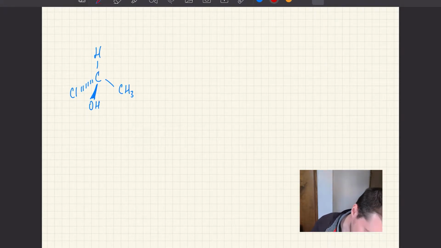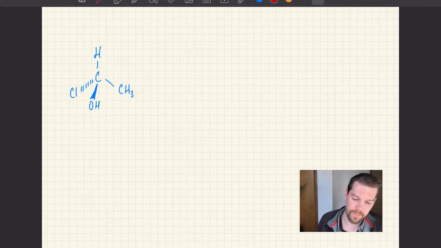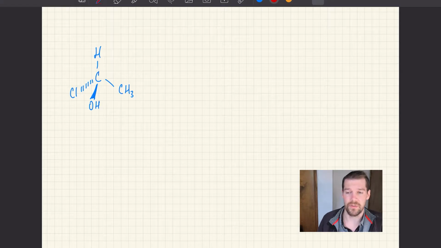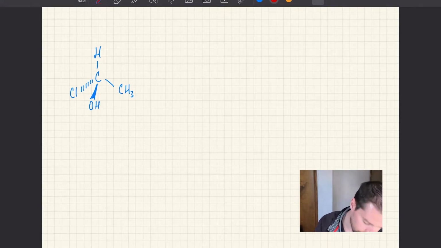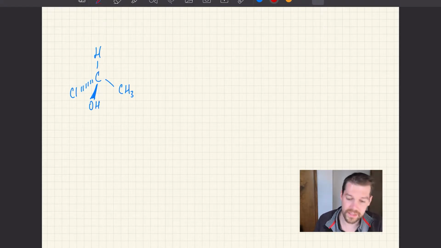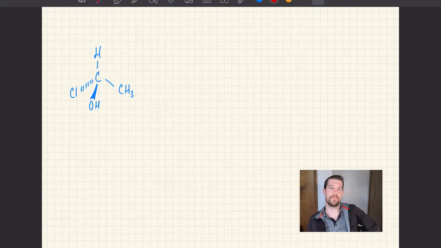So now to determine the absolute configuration, we have to label the priorities of each of our substituents here. Priority is determined by the weight of the atoms attached directly to that carbon.